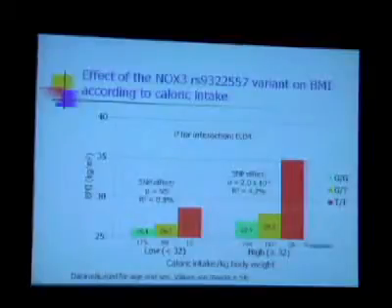The p-value for interaction was 0.04, but as you can see, the effect of that particular SNP was significant only in subjects with a high caloric intake per kg of body weight, with a value greater than 32, which corresponds to a caloric intake of about 2,200 calories. So you can see that the SNP effect was highly significant in that high intake group compared to the low intake group.